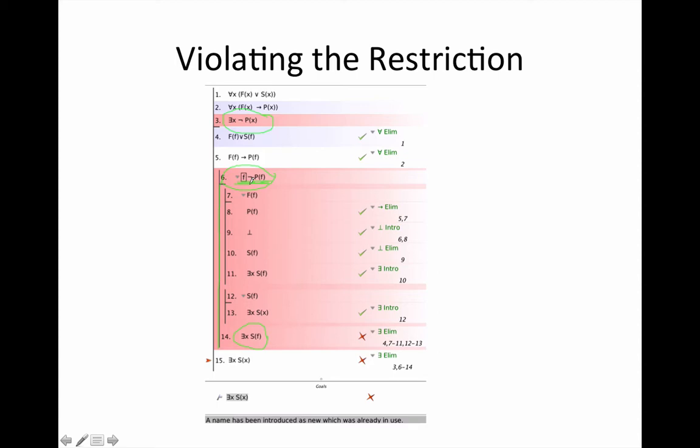So whenever we start an assumptive proof, we have to use a name that's not already in use. In the case of this argument, you immediately structure your proof according to existential elimination, which means that instead of starting the subproof at line 6, you'd start it at line 4 as we did when we worked the proof correctly. So the X's that we're getting result from the rule violation, the restriction that says the name you assume has to be a new name. It can't be one already in use.